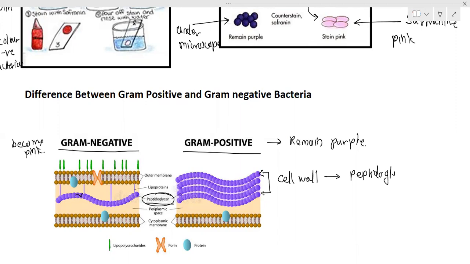There are many layers of peptidoglycan in gram positive bacteria, and below that, the plasma membrane. When I wash this bacteria with alcohol, nothing happens to the peptidoglycan. But the plasma membrane dissolves in alcohol.